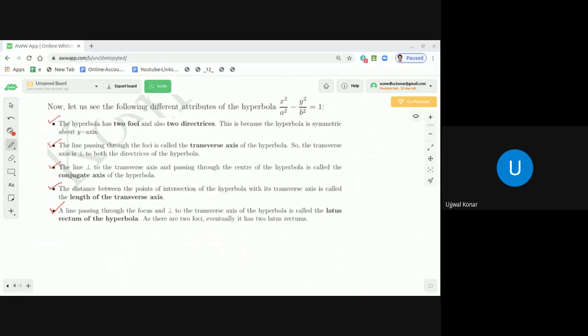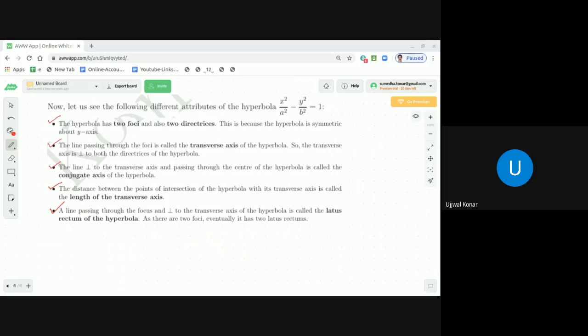Now, we just need to remember one table, and if we recall this table, then it will be very easy for us to remember what the different attributes are and what their corresponding values are.